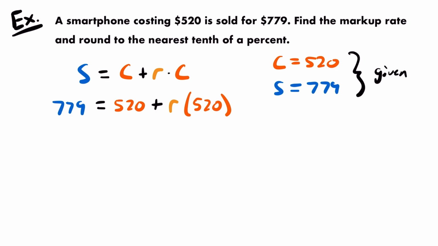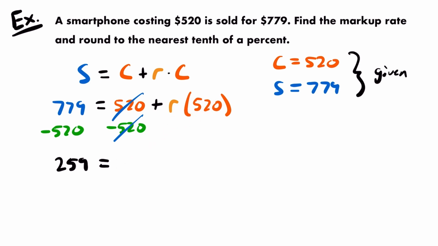The first thing that we can do is subtract 520, this constant value, from both sides of the equation. So let's do that first. We'll have minus 520. And so these two will cancel out to become 0. But then 779 minus 520 will be 259. So we get 259 is equal to that markup rate R times 520.